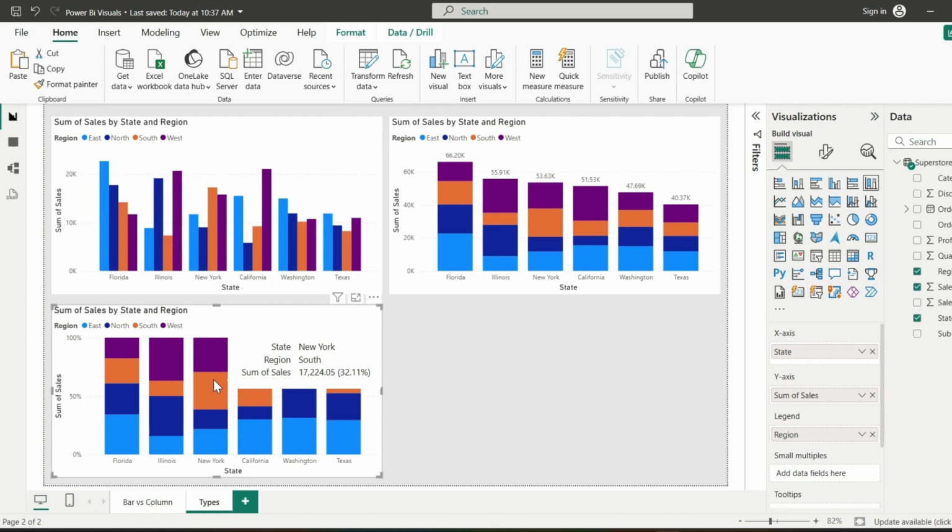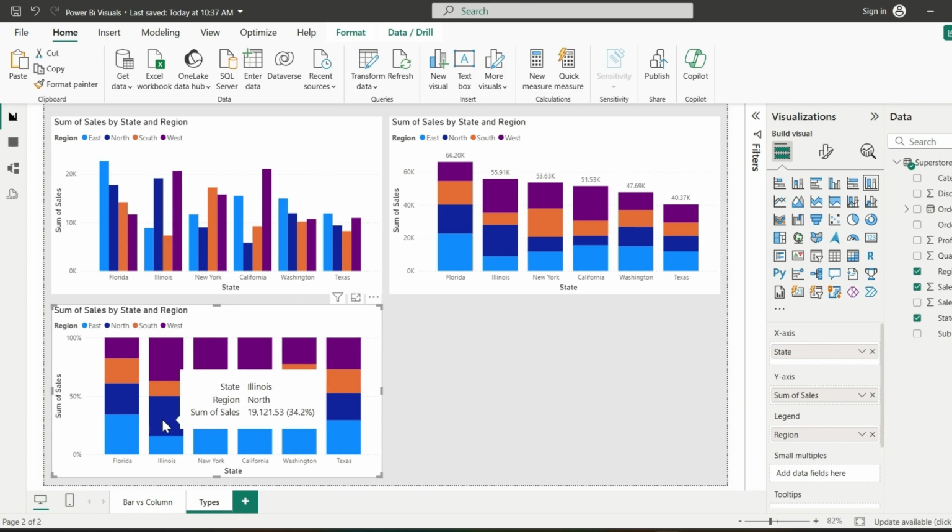The 100% stacked is about distribution, understanding structure or proportion only, like which state is most dependent on one region. Total size doesn't matter, only percentage matters. So comparison is about size difference, contribution is about what builds the size, and distribution is about percentage structure. Remember, a visual doesn't change the data. It changes what the viewer sees first. So this is about the different types of column or bar charts we have.